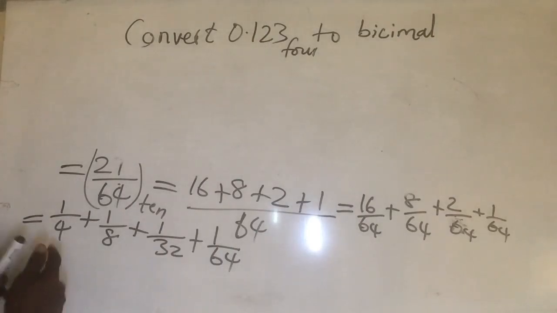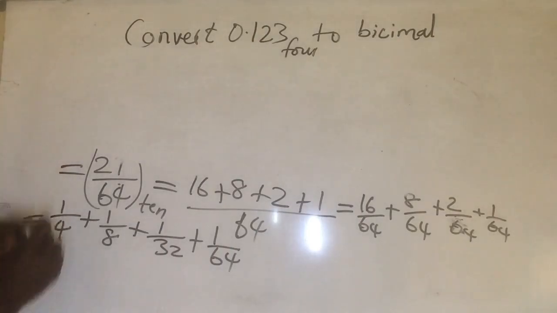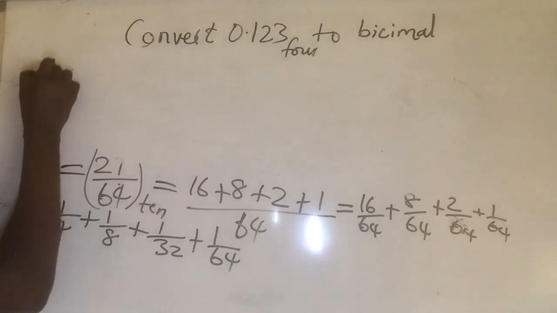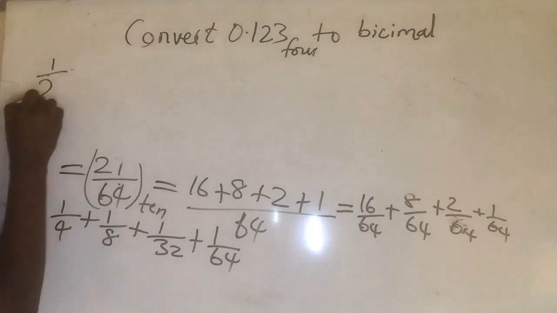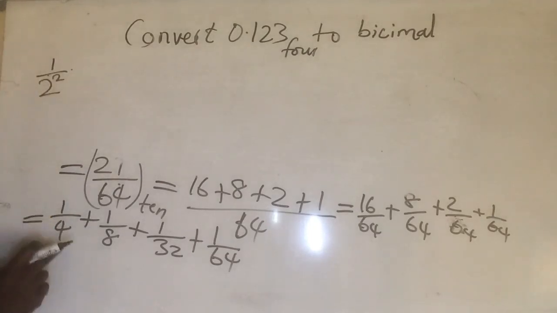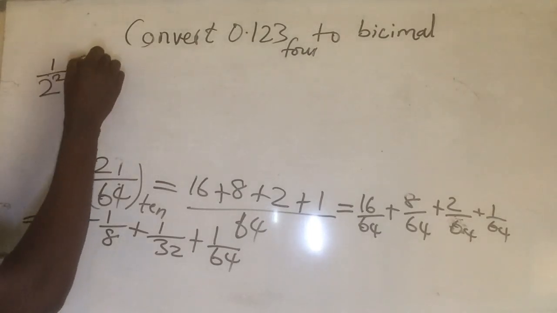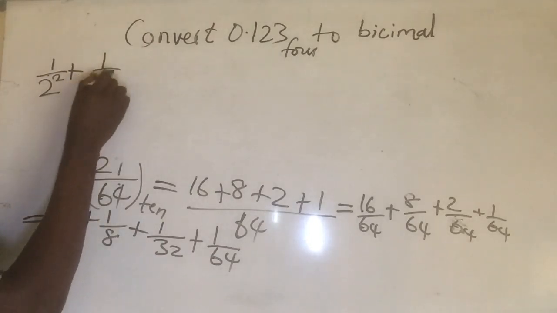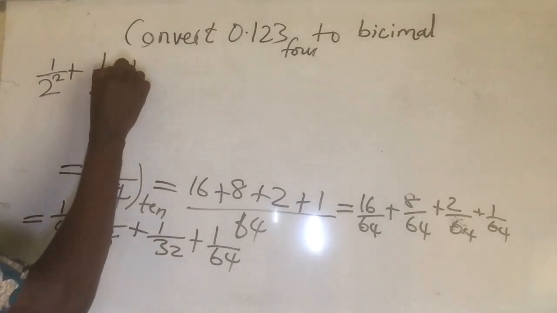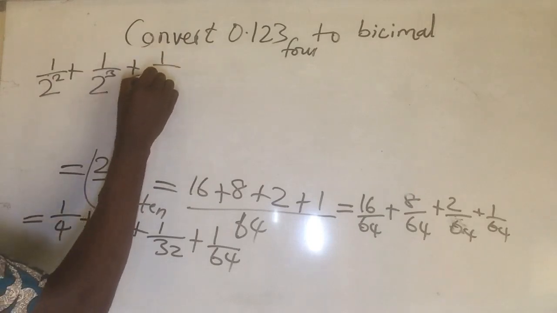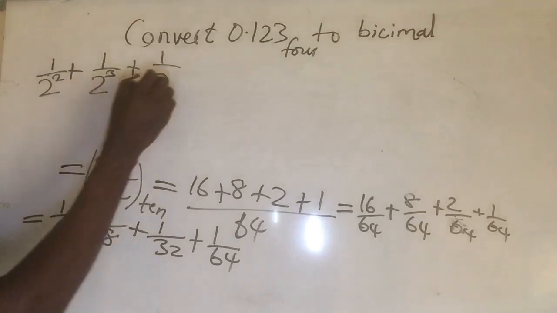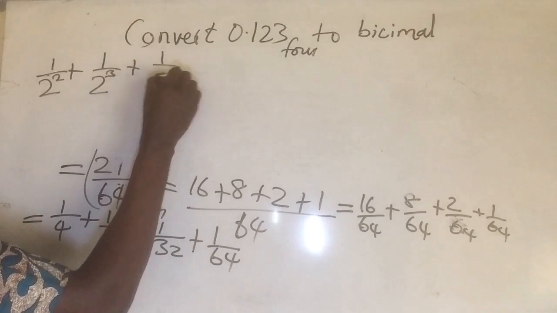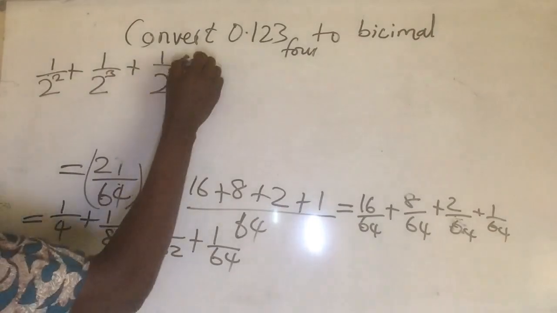If we continue now with 1 over 4, we reduce 4 to 2 raised to the power 2, which still means 4. Plus 1 over 2 raised to the power 3, which is 8. Plus 1 over 2 raised to the power 5, which will give us 32.